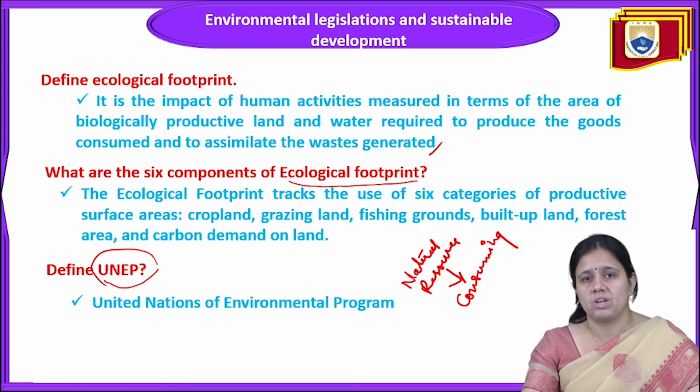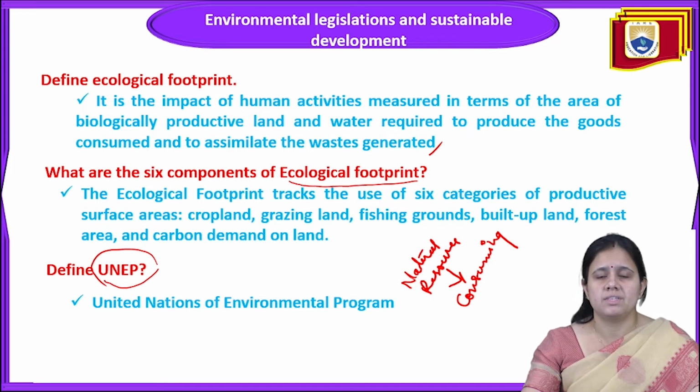That's why UNEP does the monitoring of all the programs, all the activities and conventions, and the implementation of environmental laws, and everything related to the protection of environment. They take care of this, and from time to time they make amendments in the laws.